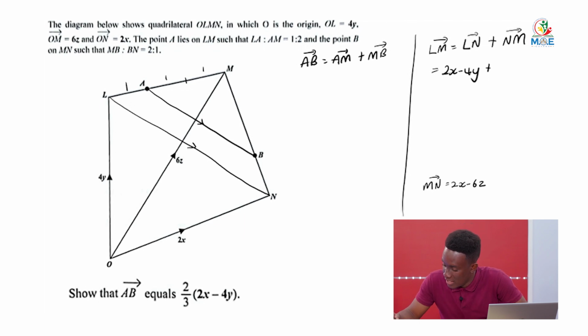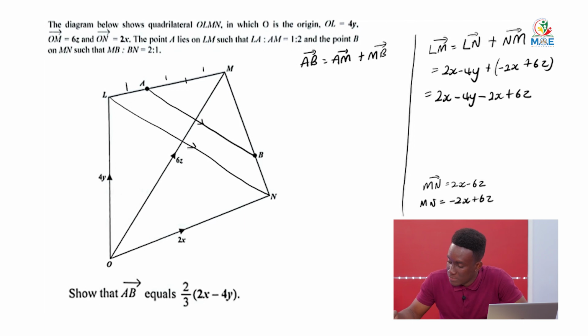So NM would be negative 2x plus 6z. We just need to flip the signs for all of this. So this will be plus negative 2x plus 6z. We can simplify this further, so it will be 2x minus 4y, and this plus and this minus will turn into a minus 2x plus 6z.